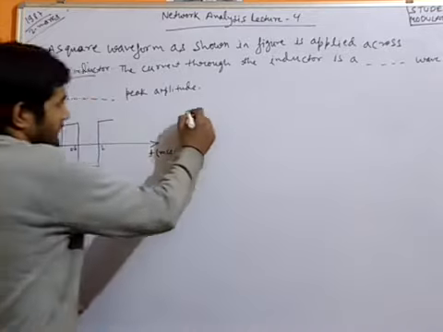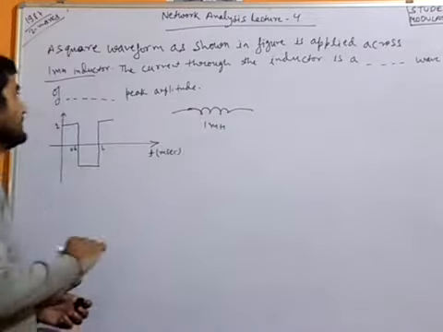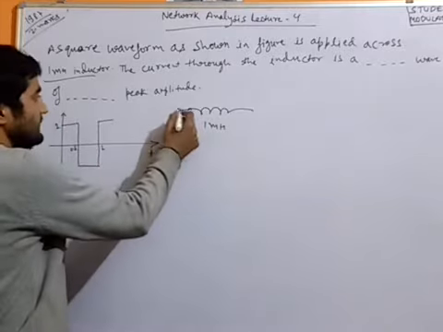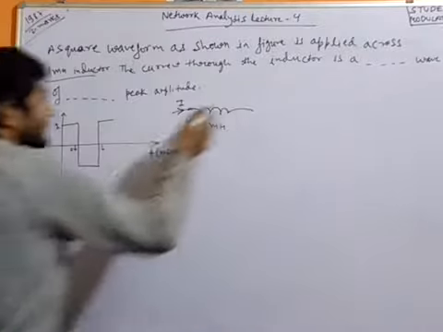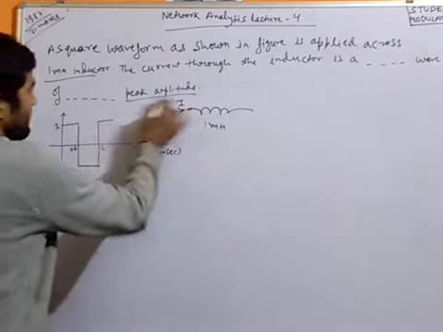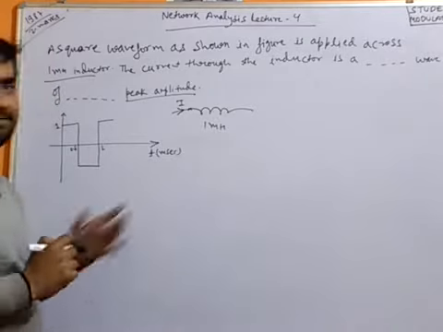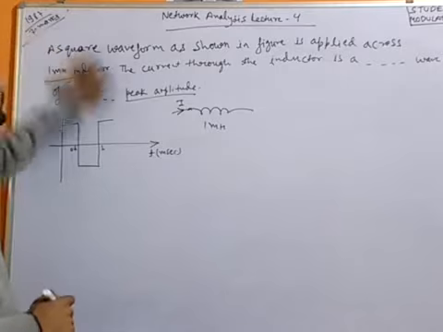How much current will flow through it, what will be the shape of the wave, and what is the peak amplitude of the current? This has been taken from the previous GATE exam, 1987, a 2-mark question.